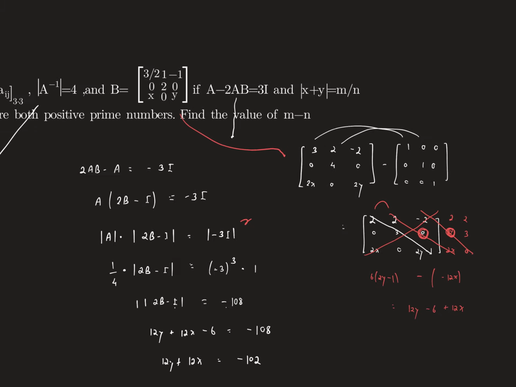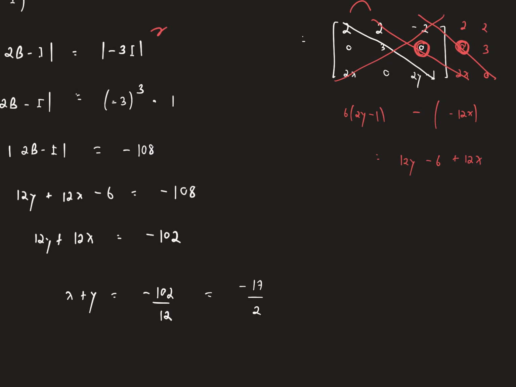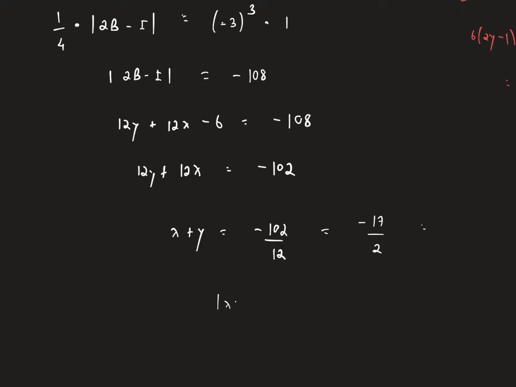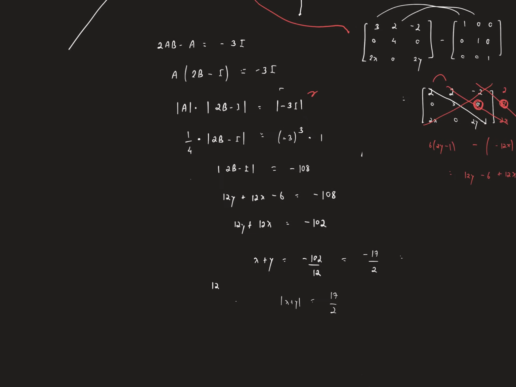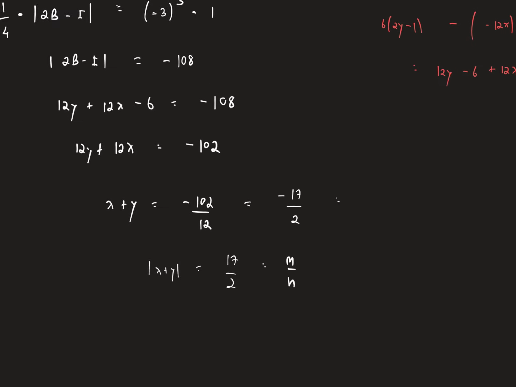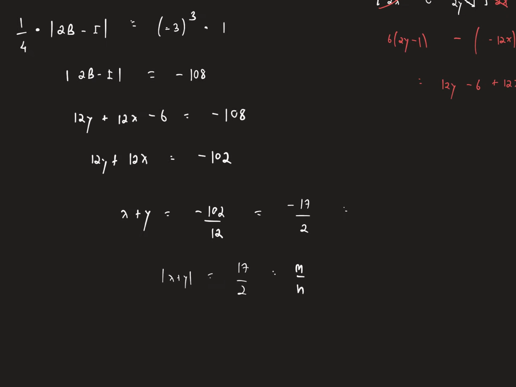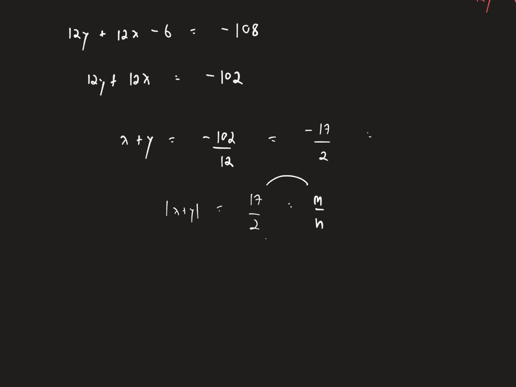And since the question says that the absolute value of x plus y equals m over n, and m and n in this case are both positive prime integers, m is 17 and n is 2.